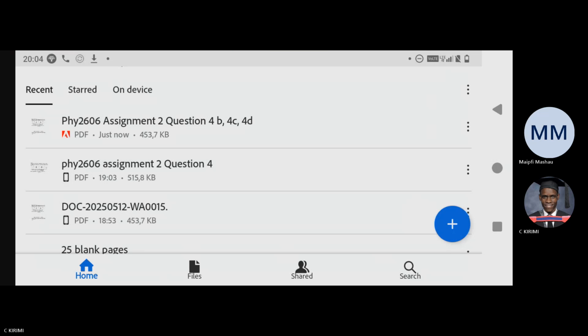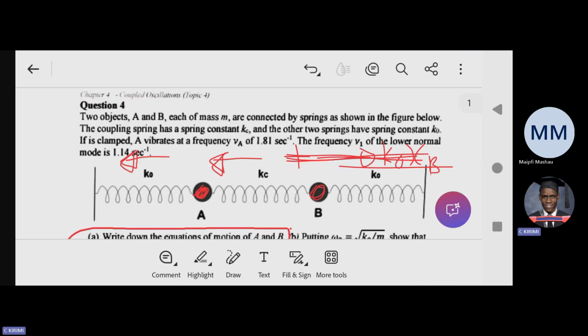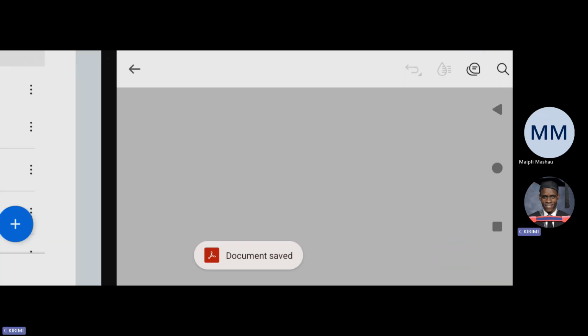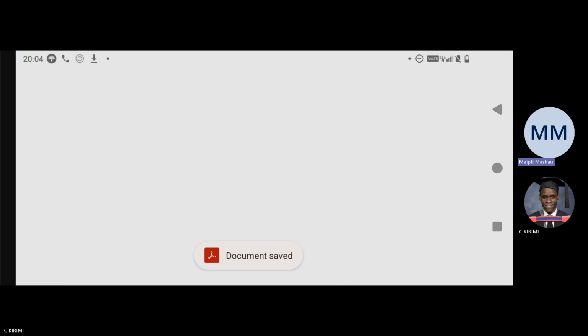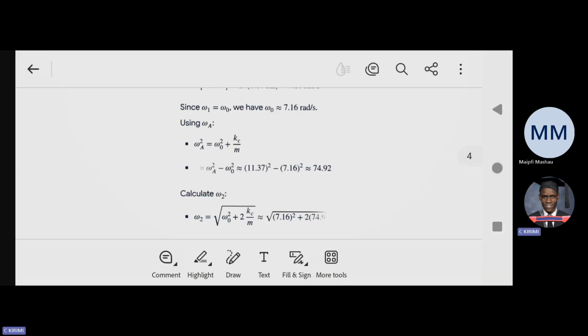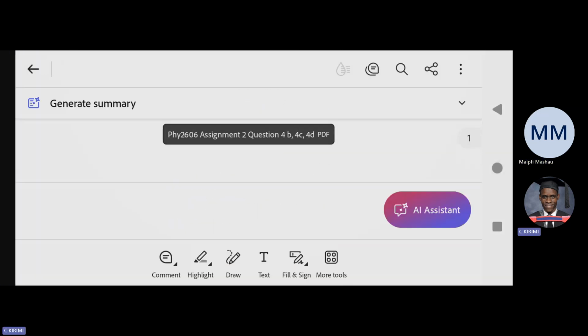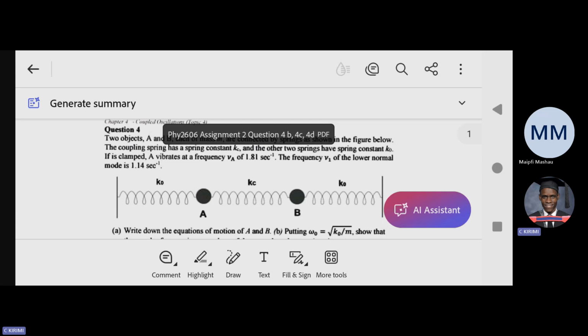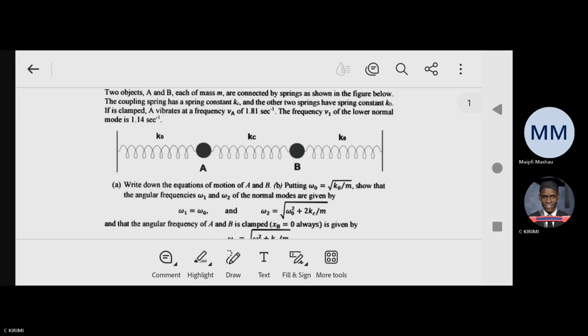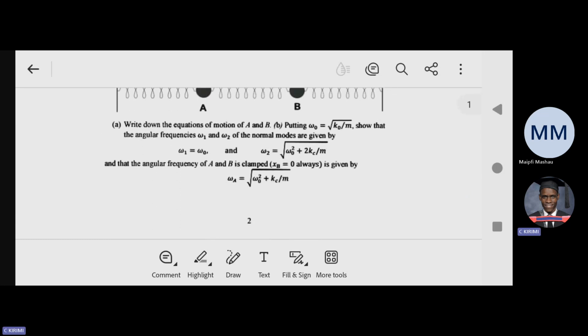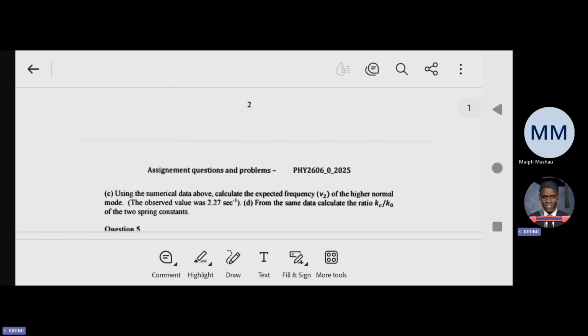For now, we are done with A and B, and we are left with C and D. I sent it on the group, but you need explanation so that you understand, because you can't understand these things while you are just here.